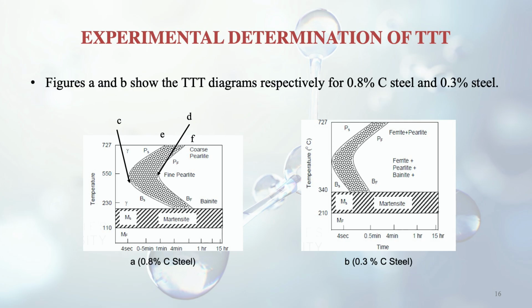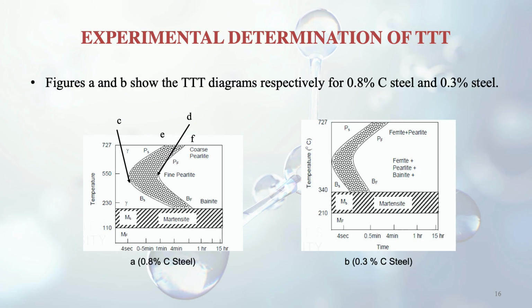In the first one, because it is 0.8%, it is at a slightly larger distance from the temperature axis in comparison to figure B. In B it is touching the temperature axis, you can see, because the carbon content is lesser there.